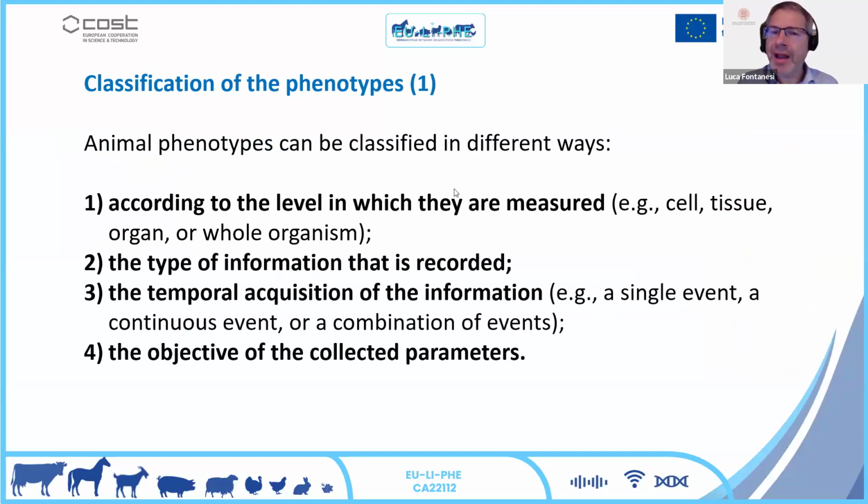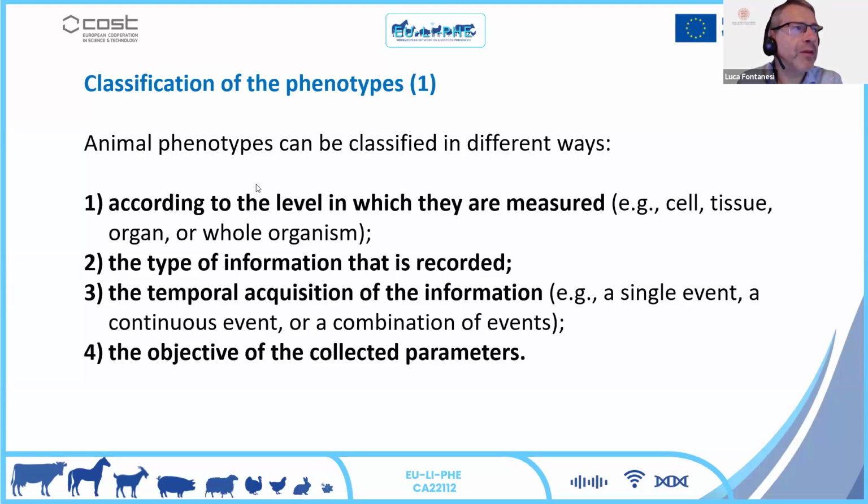We can now try to classify the different types of phenotypes. Animal phenotypes can be classified in many different ways: according to the level in which they are measured, cell, tissue, organ, and whole organism; according to the type of information that is recorded; the temporal acquisition of the information, whether it is a single event, a continuous event, or a combination of events; and the objective of the collected parameters.